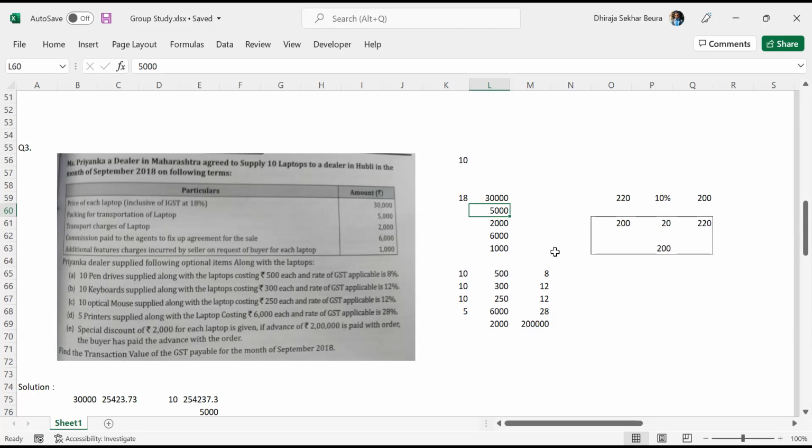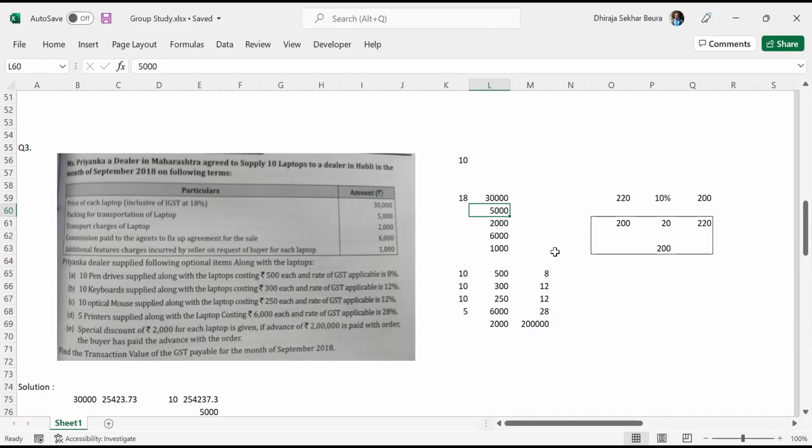But if one customer is taking all these items together, and most importantly, one invoice is there for that whole transaction, with all the items written in one invoice, that becomes a mixed supply.